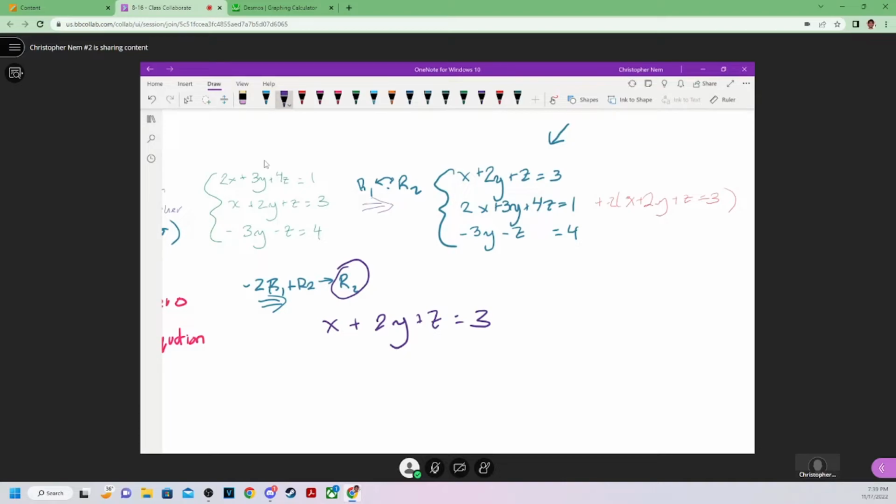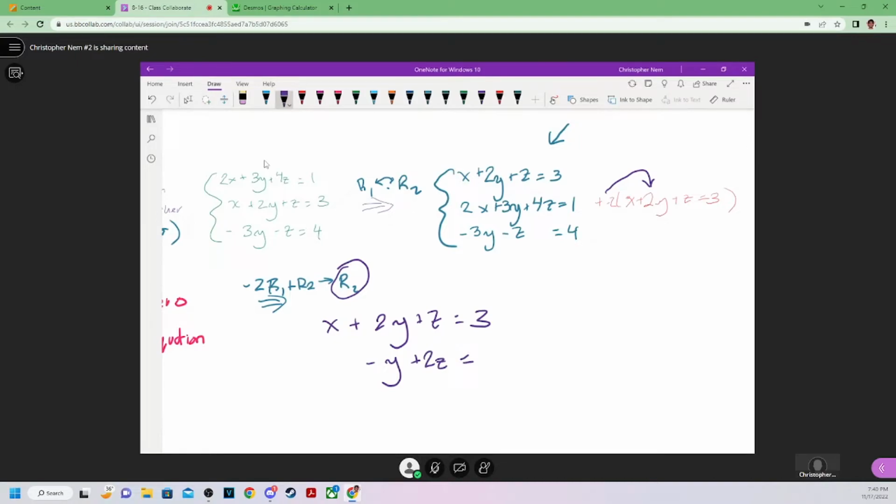So if I add these two together, the x's cancel out. And then, distributing this, that's -4y plus positive 3y, which is -y. And then -2 times positive z is -2z plus 4z, which is positive 2z.